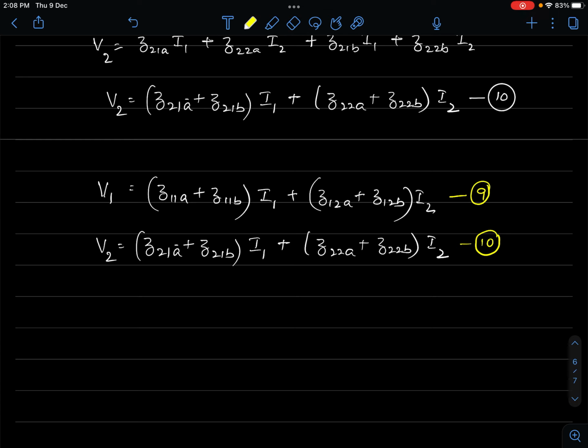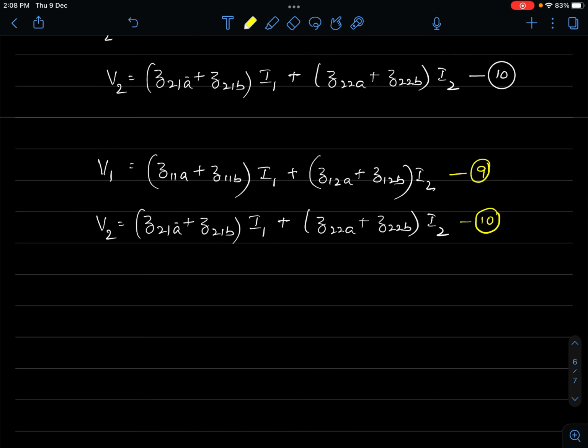Alright, so for this entire network, which has resulted out of the series connection of two independent networks, NA and NB, we can write for the entire network, or for the resultant network. By resultant network, what I mean is the network that is obtained after connecting two networks A and B in series.